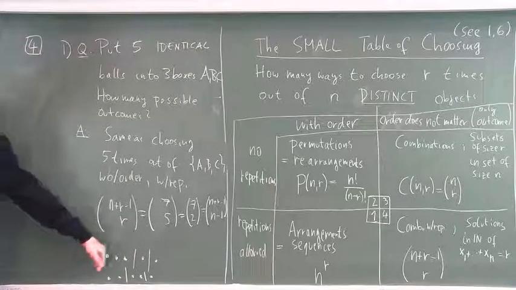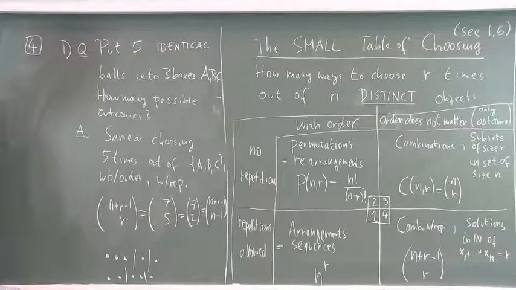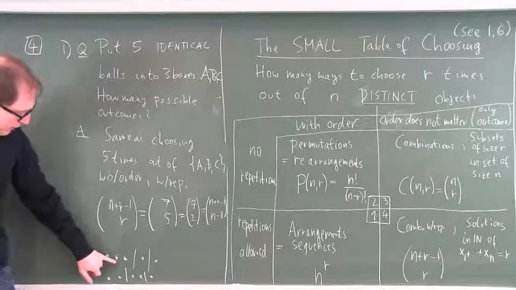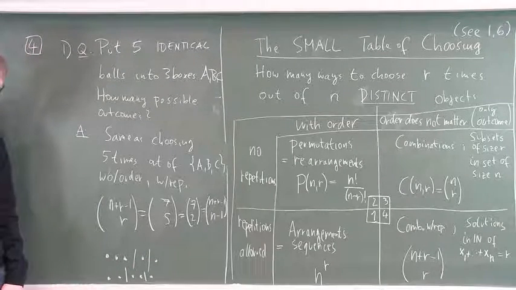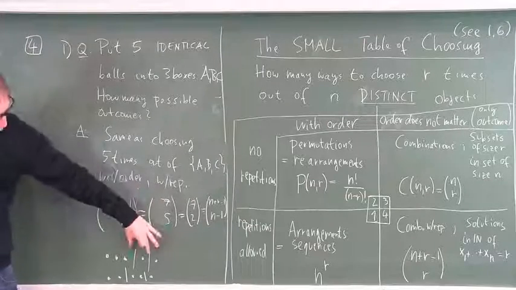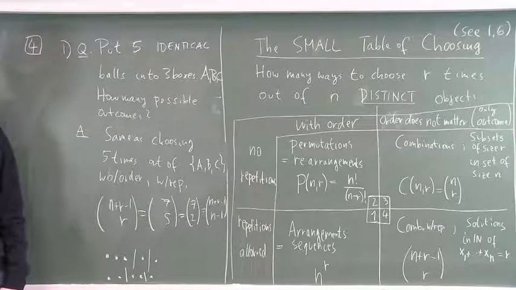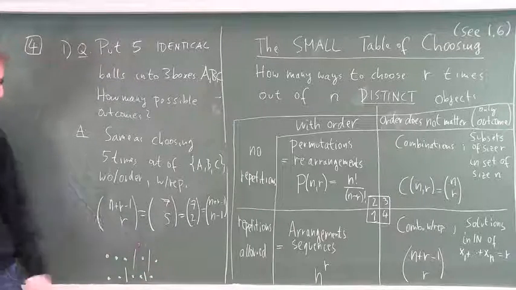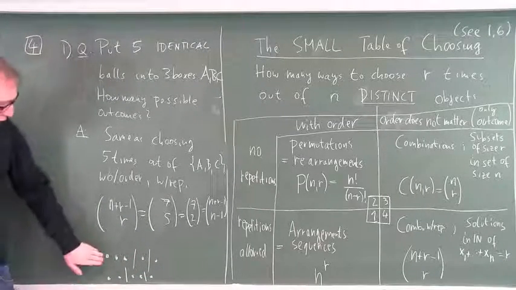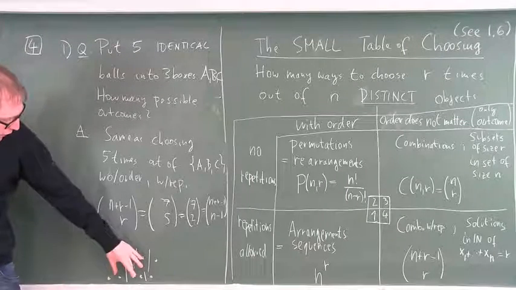So clearly, you can write down all the outcomes in this way. Now, if you think about it, what do we have? We have 7 symbols where we choose 2 of them to be very special, namely to be not dots, but dashes, if you like. So you take these 7 symbols and you choose 2 of them to be special.